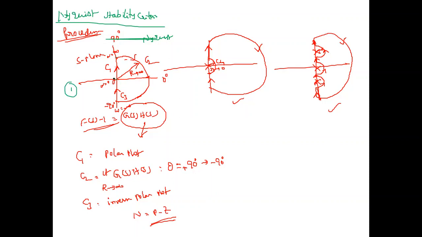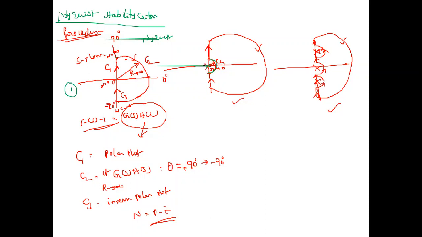Here there are no poles or zeros on the imaginary axis. Only then should we select this kind of Nyquist contour. Suppose the given open loop transfer function has one pole at the origin. Then we should skip this point with a small semicircle.